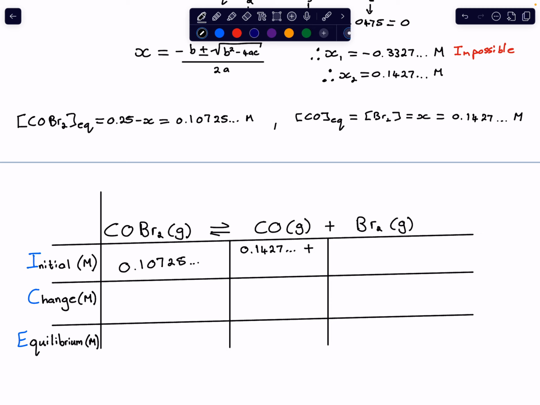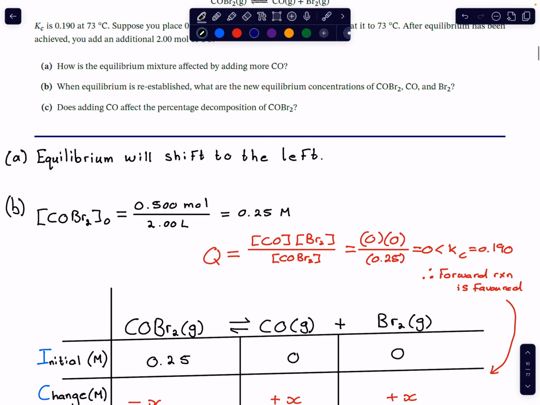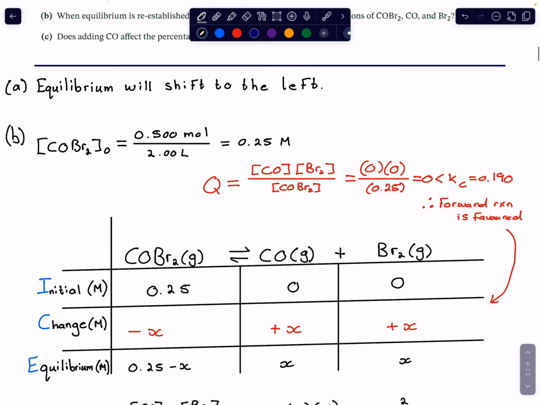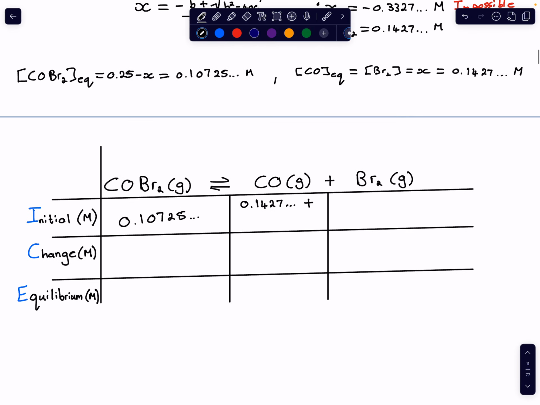But what did we do? We had a disturbance, right? So we need to add an additional concentration to it. So how much carbon monoxide did we add? We said 2 mole of it. So 2 mole in a 2-liter flask. So what is the carbon monoxide added?